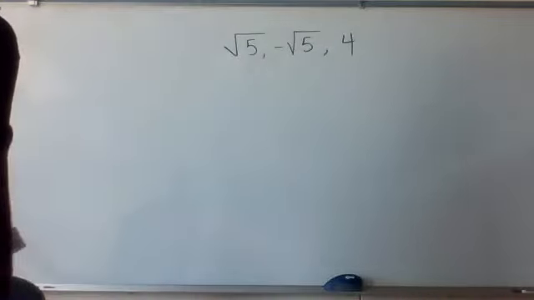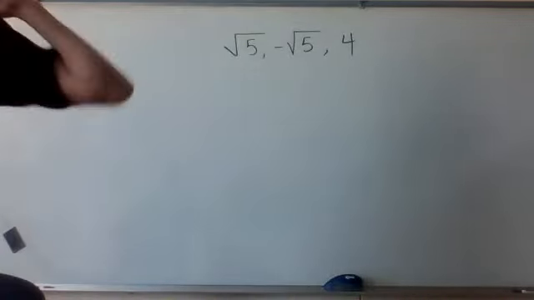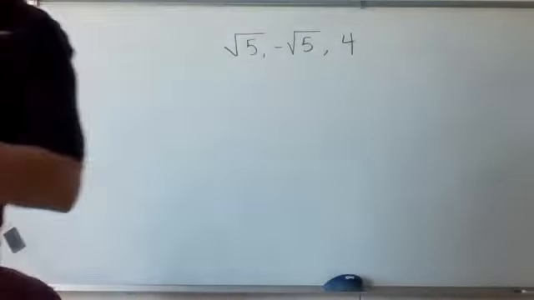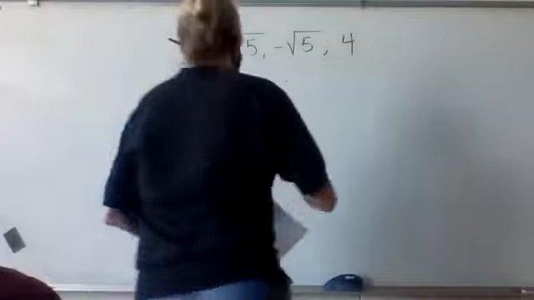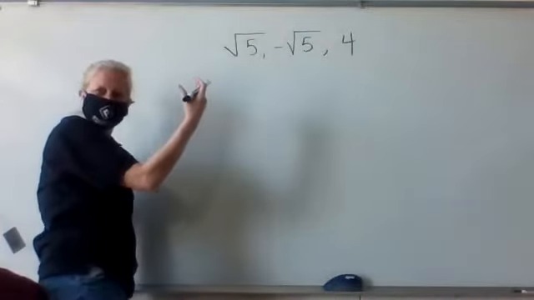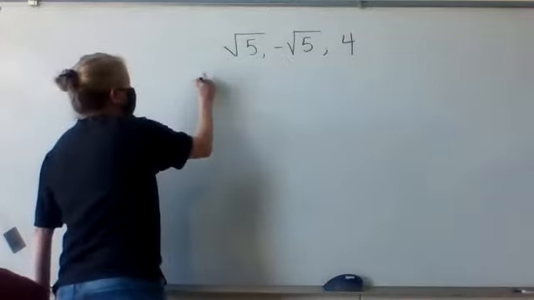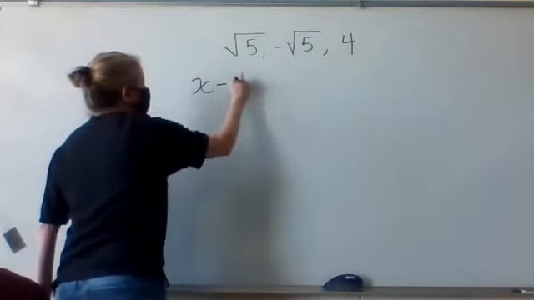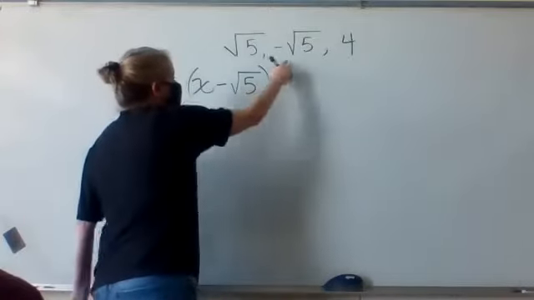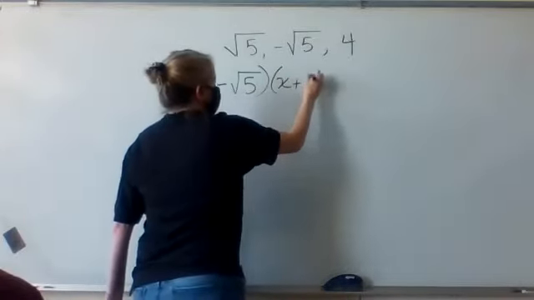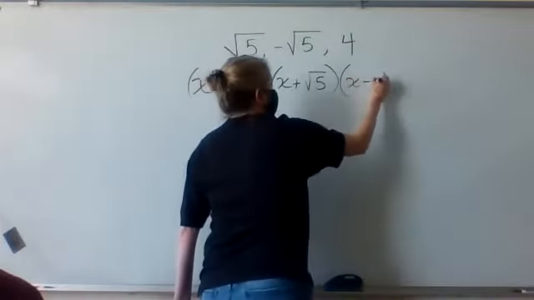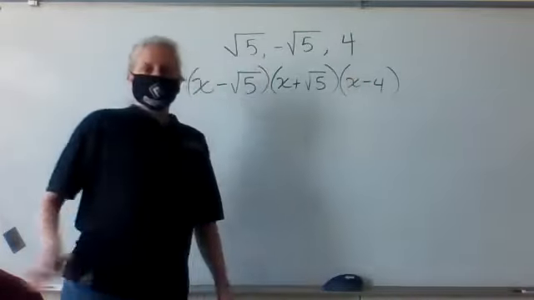So again, if those are your zeros, turn them into the factors that they came from, and then multiply those factors together. So here I have x minus the square root of 5. That one will be x plus the square root of 5, and this one will be x minus 4.